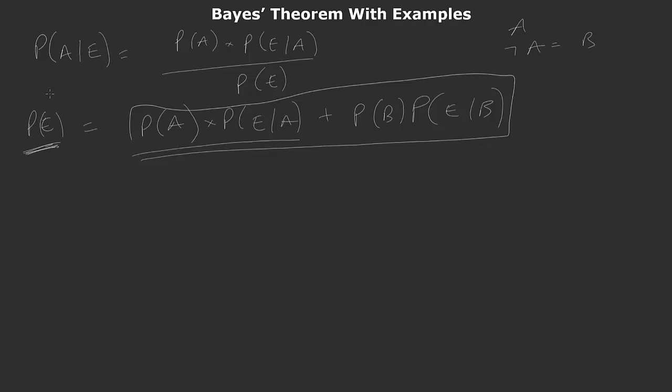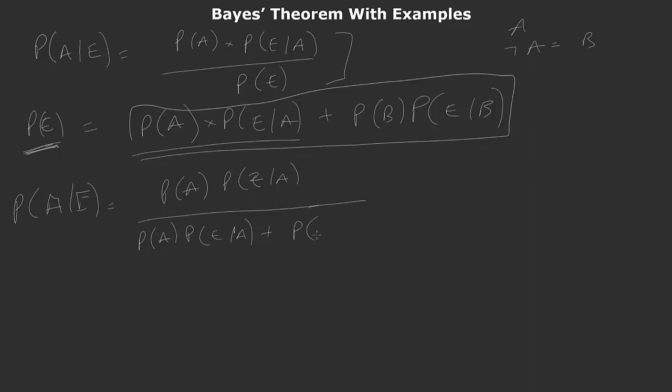Okay, but instead of writing this equation this way, you can represent it as the probability of A times the probability of E given A, divided by this sum, which is the probability of A times the probability of E given A plus the alternative. So let me represent the alternative event as this, times the probability of E given that the alternative to A has occurred.